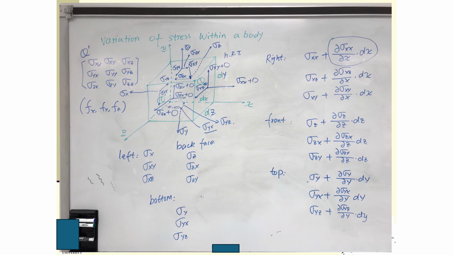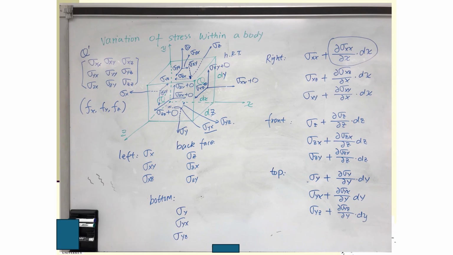The first subscript denotes the normal of the face that you are talking about, and the second subscript x denotes the direction of the shear stress. For example, sigma zx, this is a back face, and this guy's normal is the z direction.